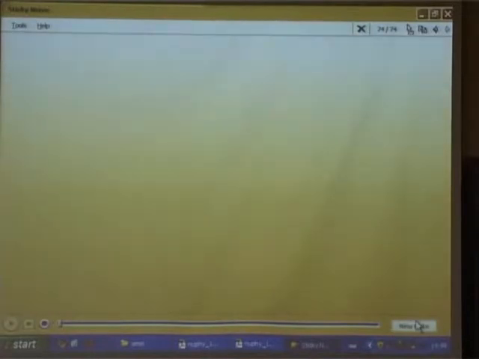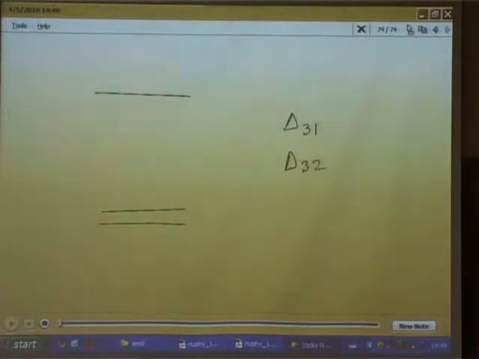Let's take the example of 3 neutrinos. Let's say our scheme of neutrinos is like this, and I go to a situation where only this is significant. But now we have a term which is delta 3 1 and a term which is delta 3 2, both of which are significant.